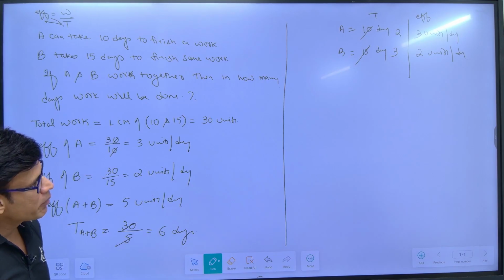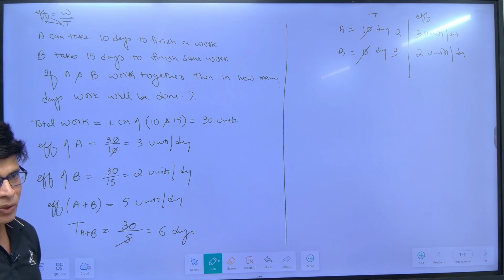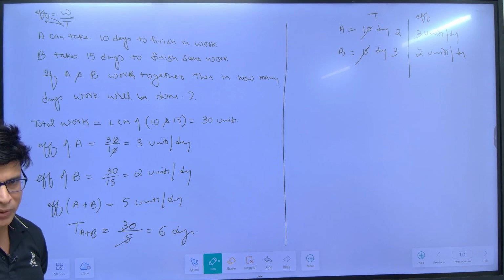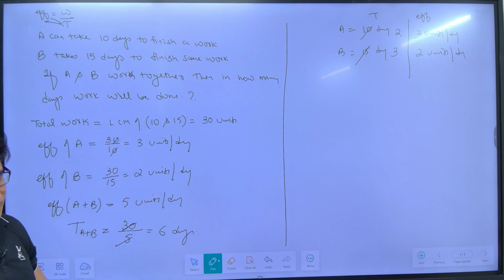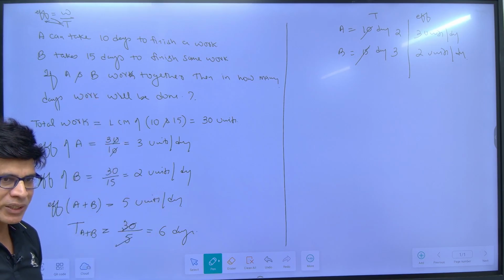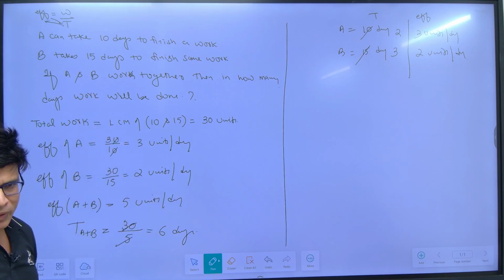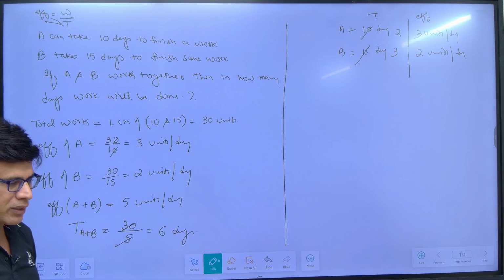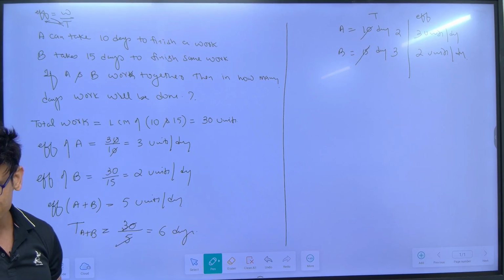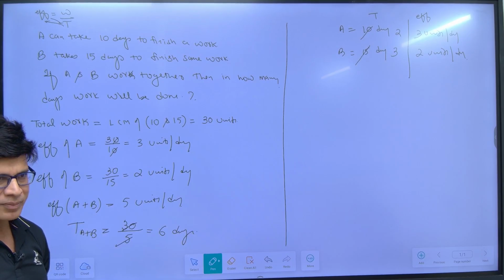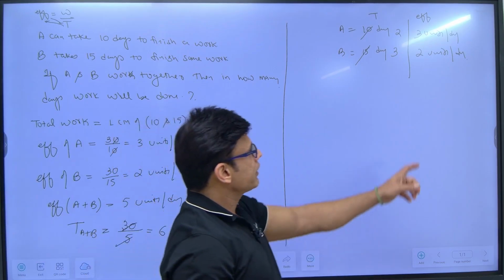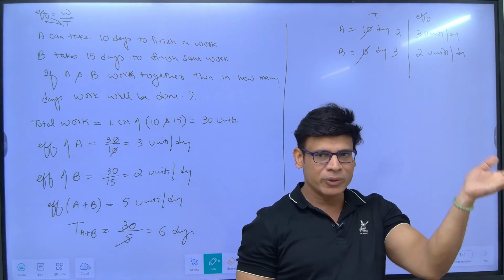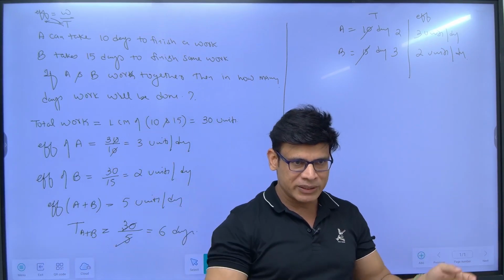Since A can do 3 units per day, in one day A can do 3 units. A is working for 10 days. So 30 units. Or you can find out from B also. B is doing 2 units per day. In one day, 2 units, 15 days, again 30 units. Directly get the work, right?